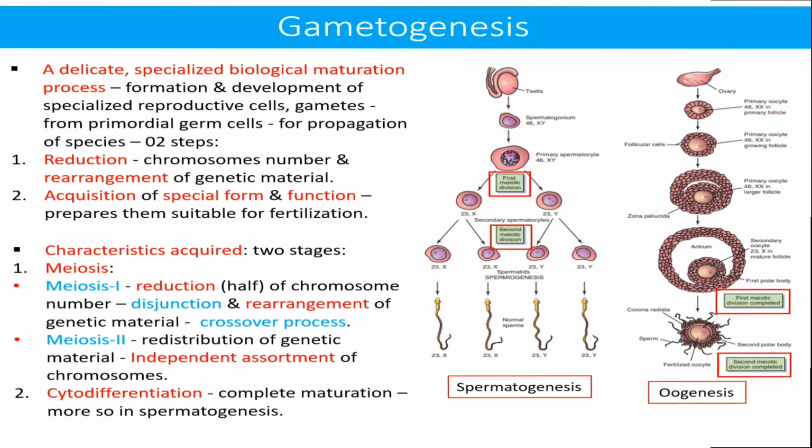In meiosis 2, there is reduction of genetic material through independent assortment of chromosomes among the newly produced cells. Number two is cytodifferentiation, in which complete maturation of the newly formed cells takes place, and this is more seen in the spermatogenesis process.